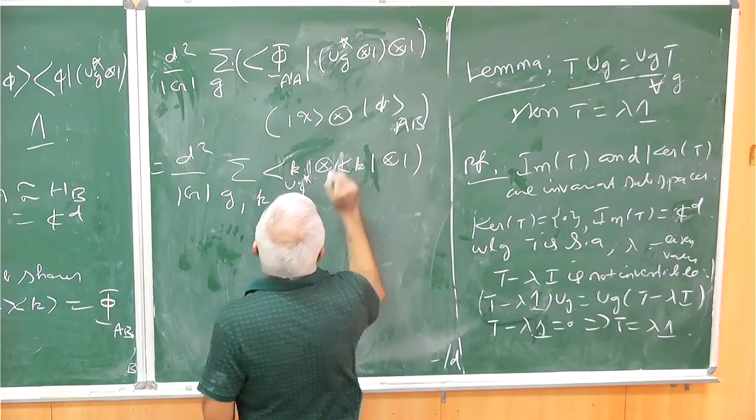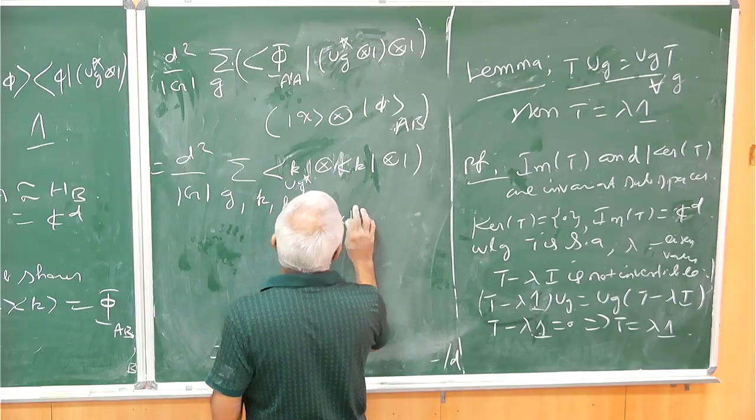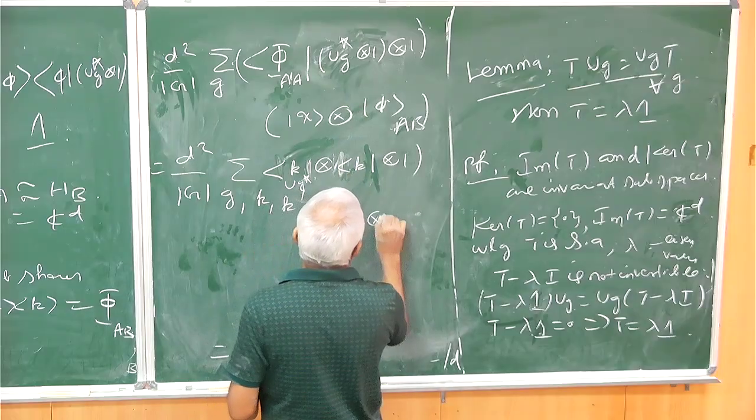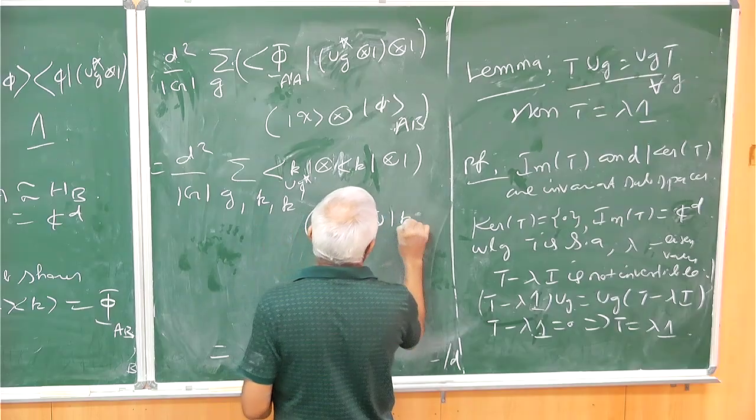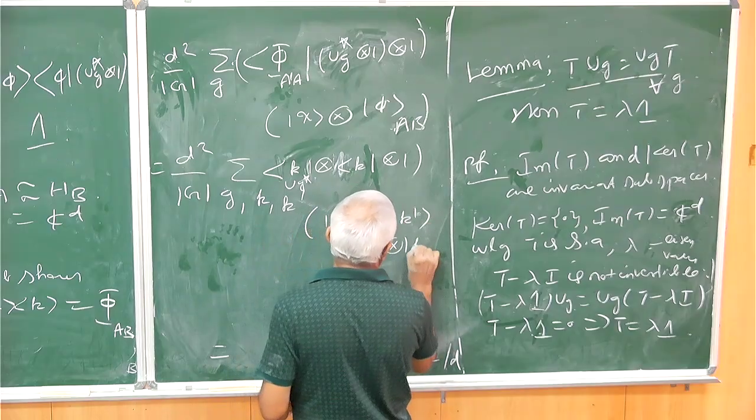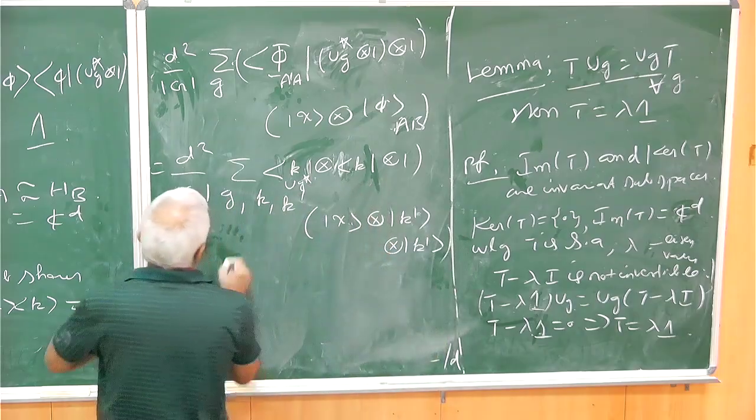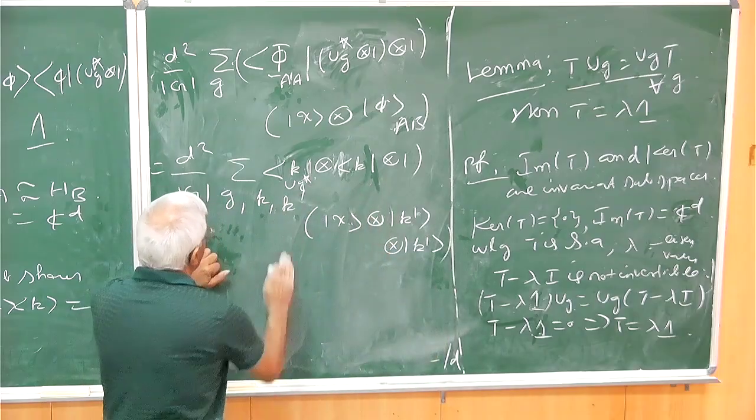And you have chi tensor K prime tensor K prime. The summation is over K and K prime.